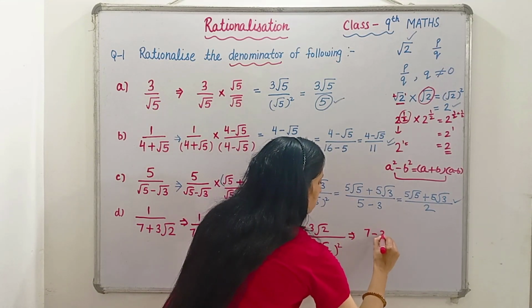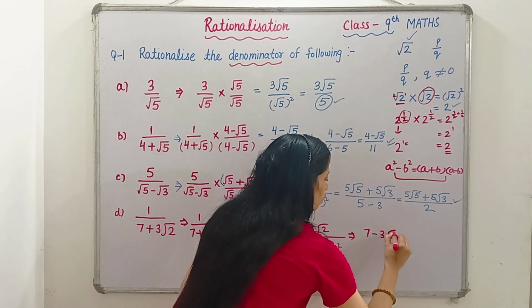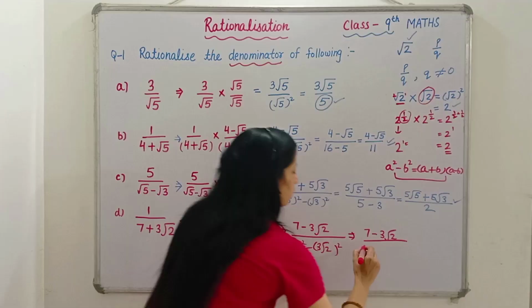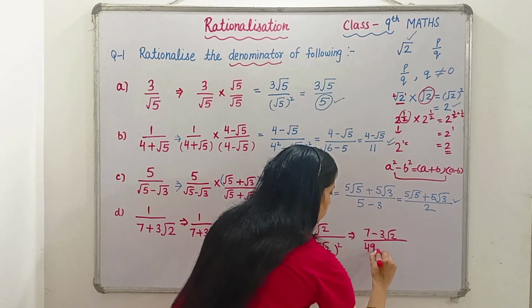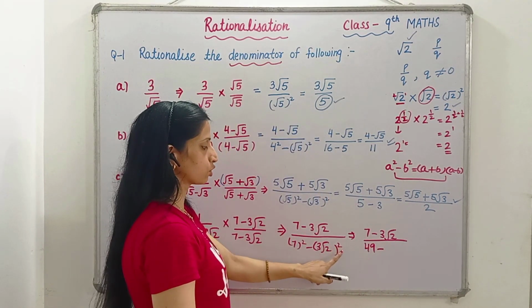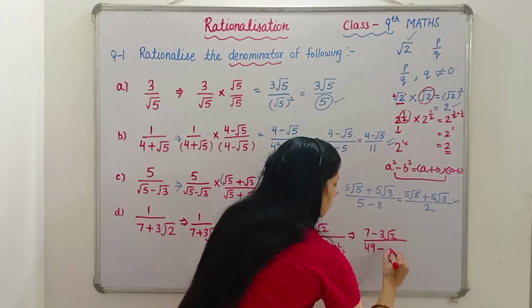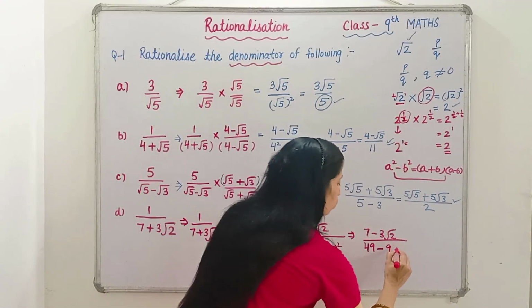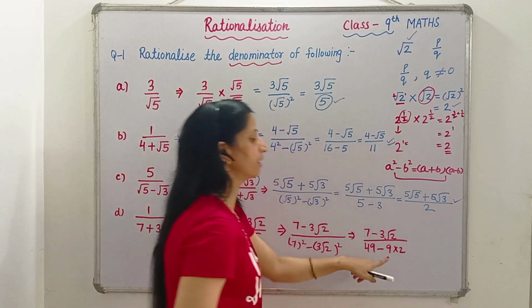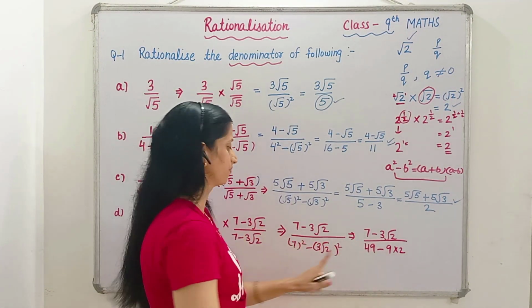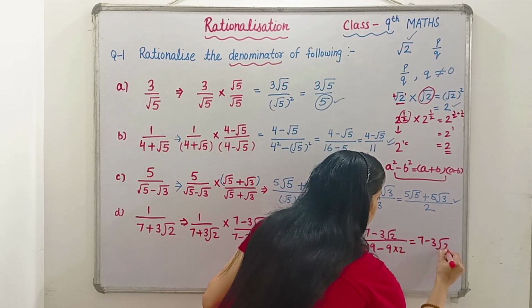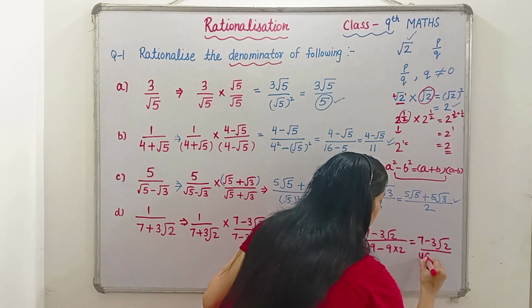The numerator will be as it is, 7 minus 3 root 2, upon 7 square, we all know it is 49, minus 3 square, that is 9, and root 2 square will be 2. This will become 9 multiplied by 2, that is 18. Okay, so let's write 7 minus 3 root 2 upon 49 minus 18.